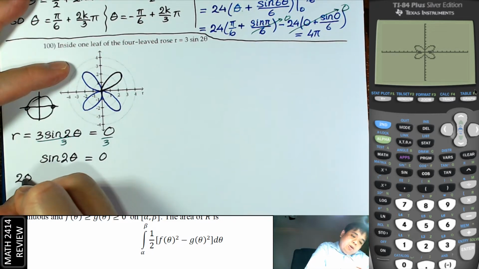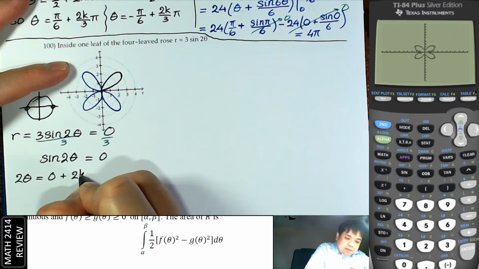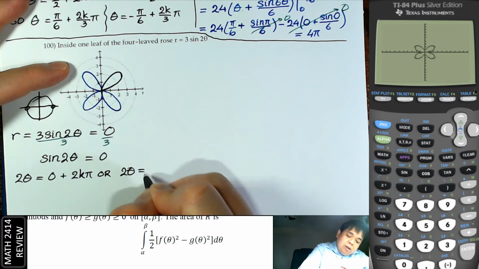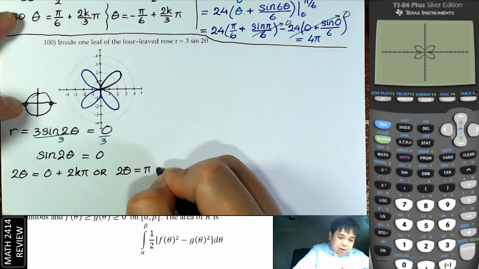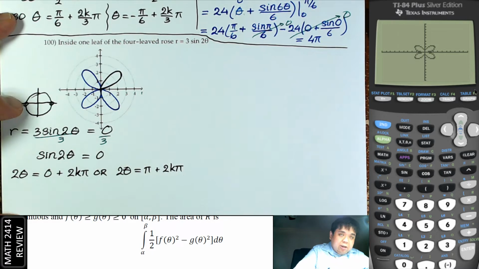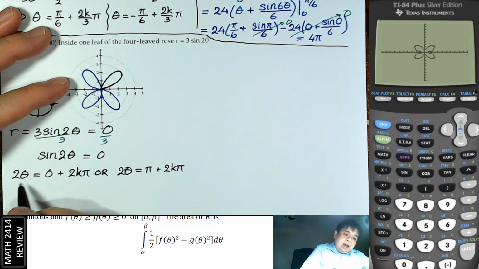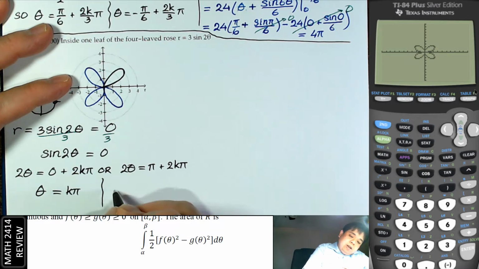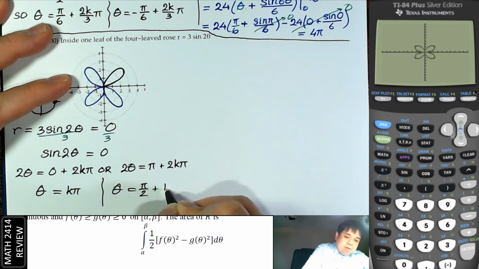Now, sine of an angle equal to 0 will be here or here. So 2 theta is equal to 0 plus 2k pi, or equal to pi plus 2k pi. Right, and divide by 2, so theta equal to k pi, or theta equal to pi over 2 plus k pi.